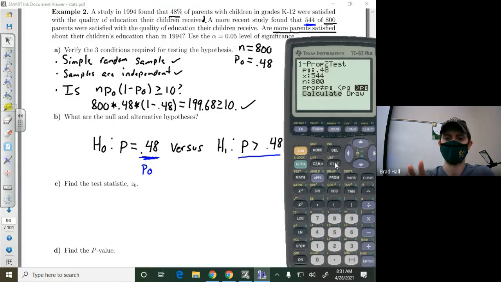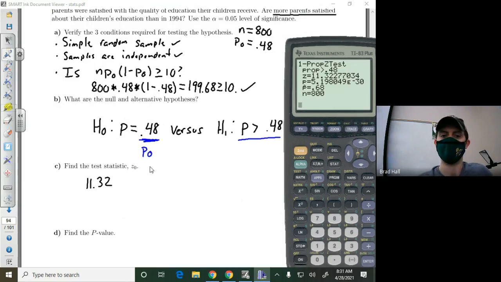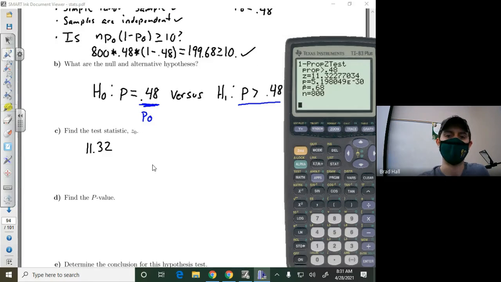Once you have all of these three values in that one appropriate condition, we get for the test statistic 11.32. And for the p-value, we actually get 0.